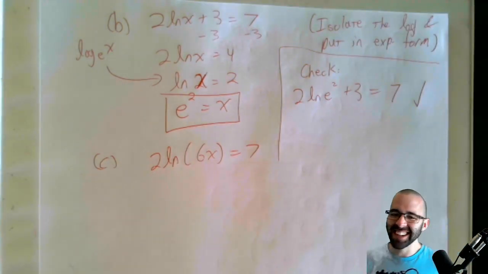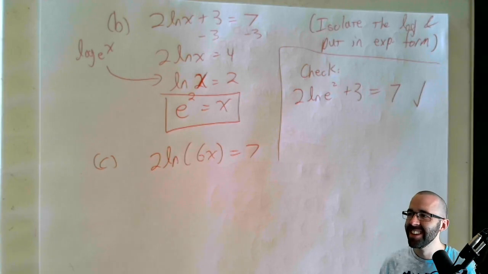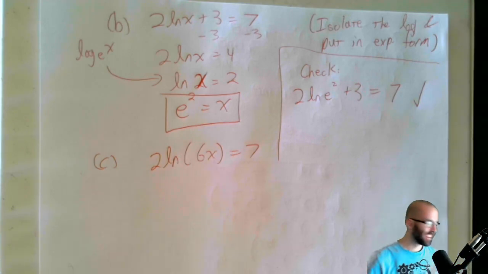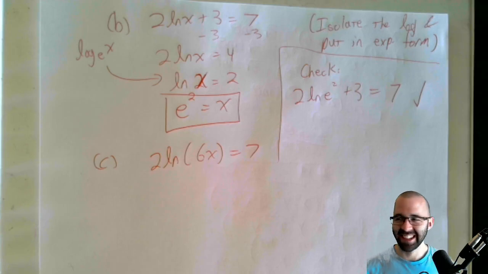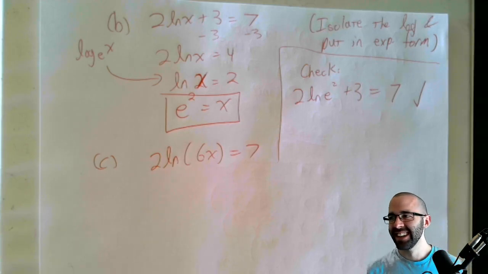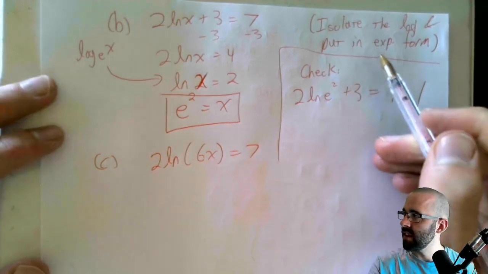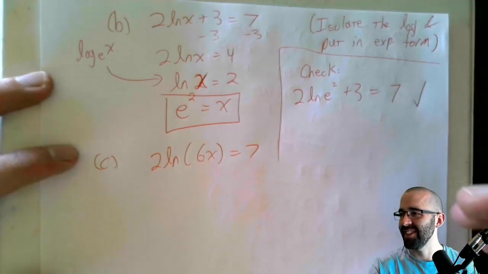That's not a good answer. Your life depended on this. You wouldn't say oof. Oh no. All right. Isolate the logarithm, then put it in exponential form.